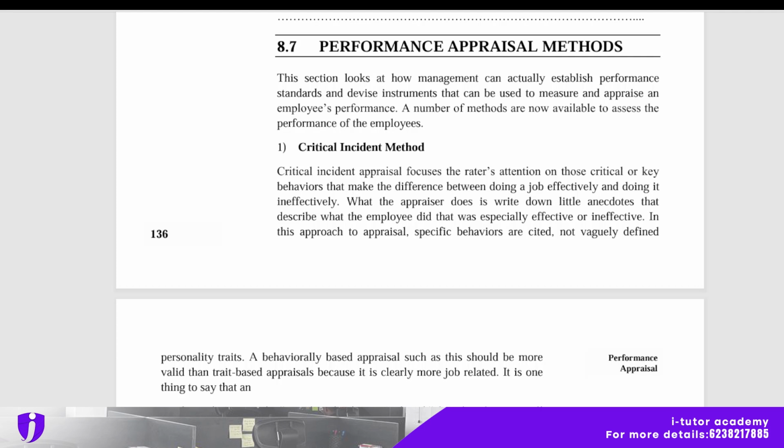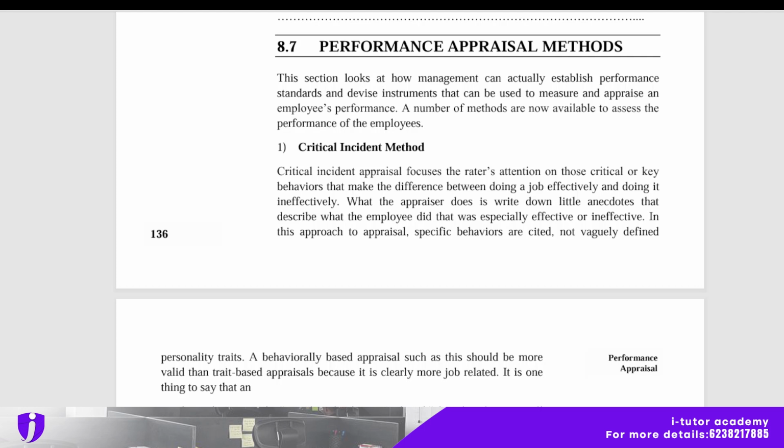Critical incident method. The first one is the critical incident appraisal, which focuses the rater's attention on those critical or key behaviors that make the difference between doing a job effectively and doing it ineffectively. What the appraiser does is write down little anecdotes that describe what the employee did that was especially effective or ineffective.